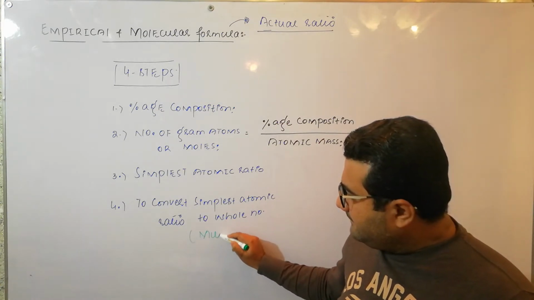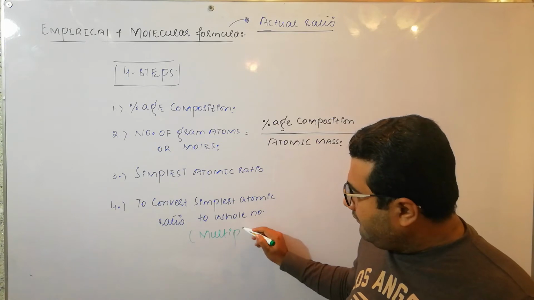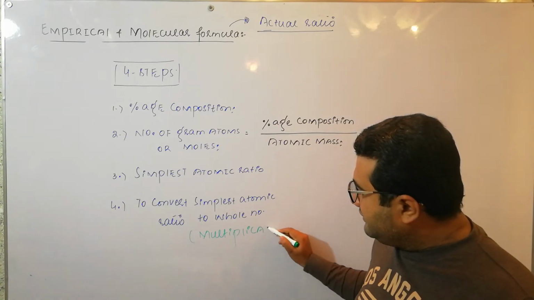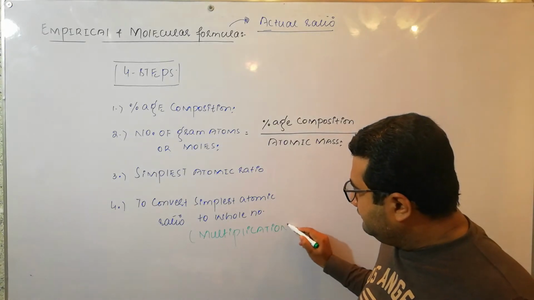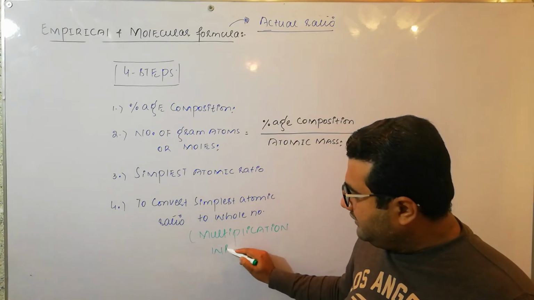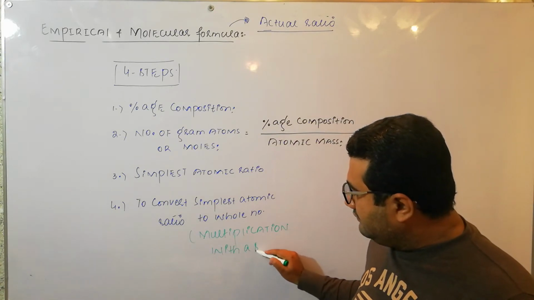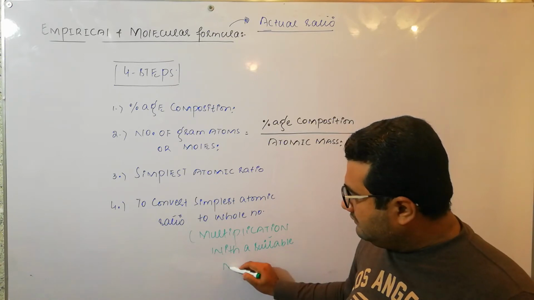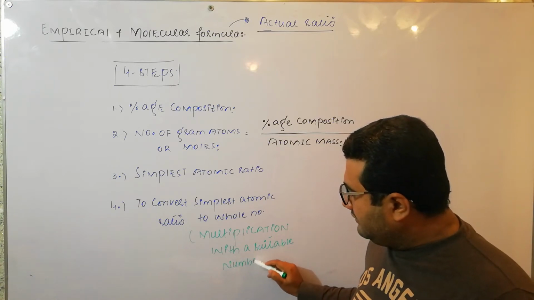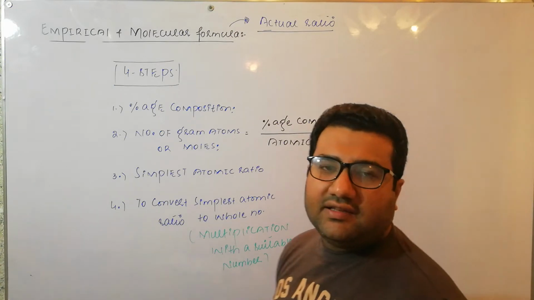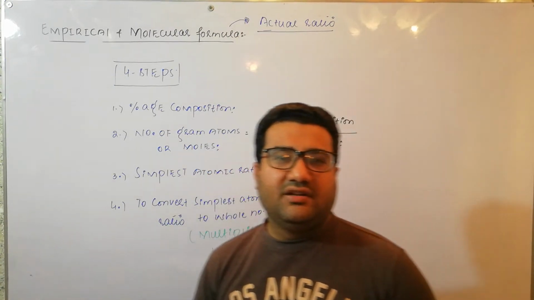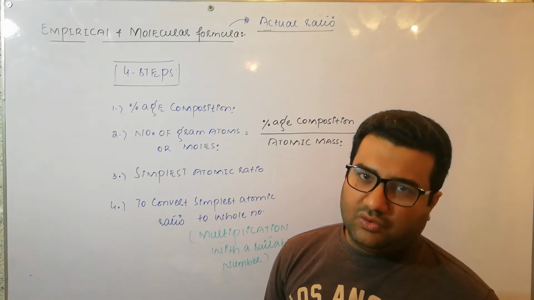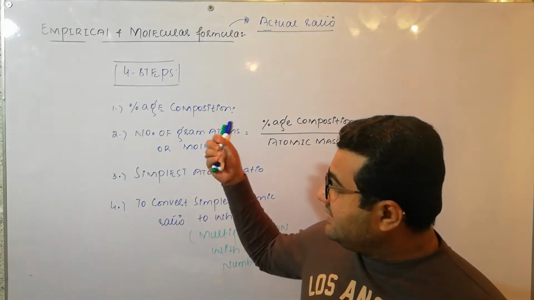By multiplication with a suitable number. We will multiply that fractional ratio with a suitable number to convert it into the whole number. So these are the four steps.